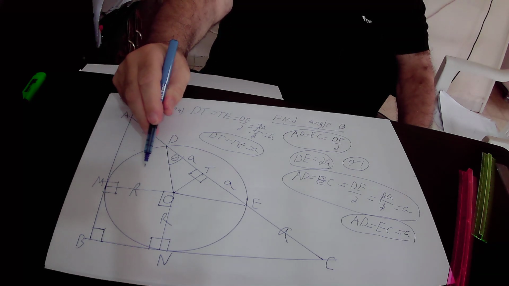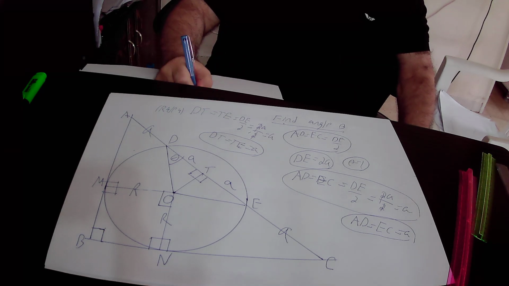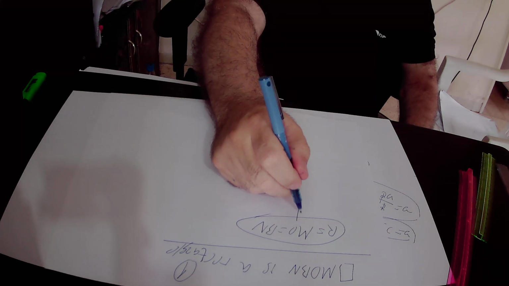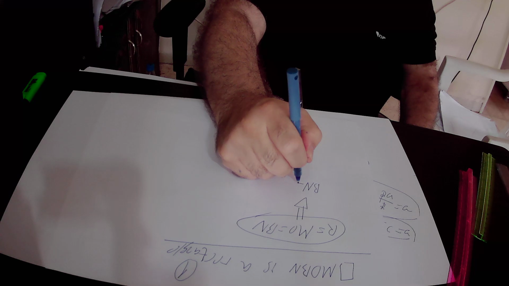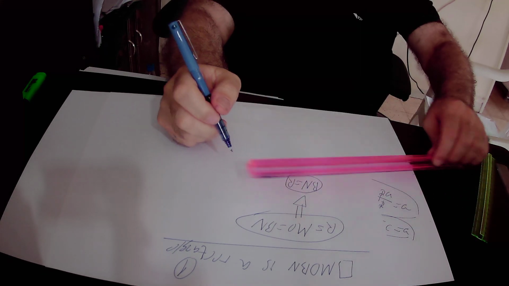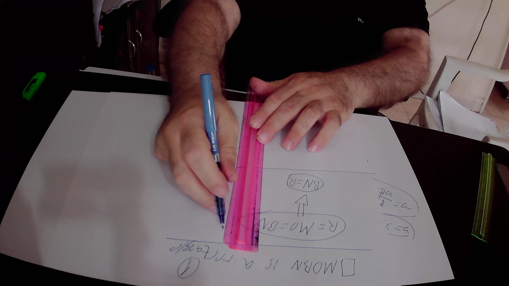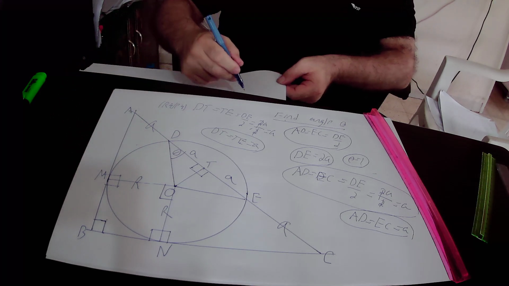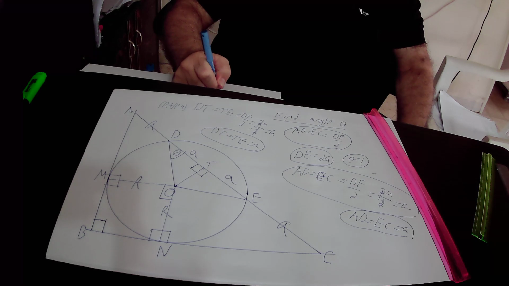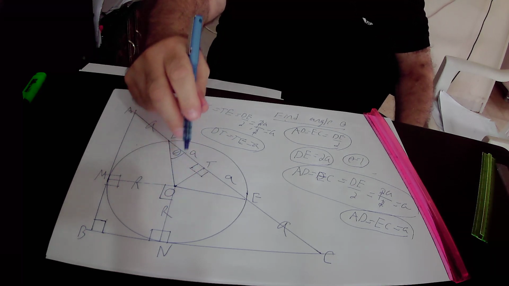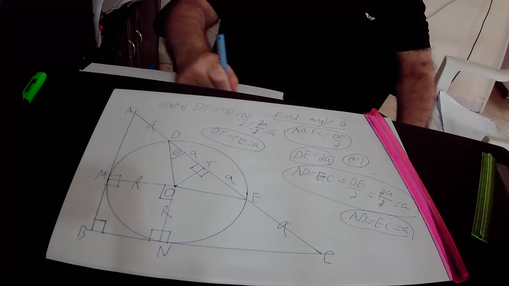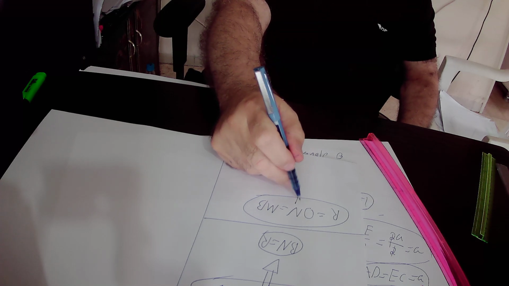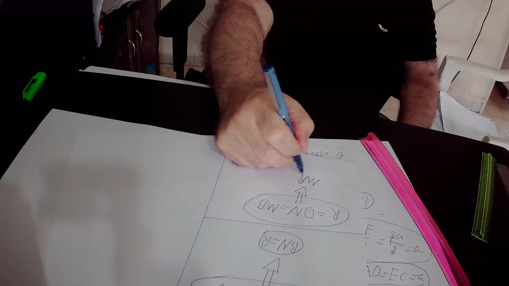But we already found out that MO equals R. So from this equation, R equals MO equals BN, we will derive that BN is also equal to R. Likewise, according to the same rule that the opposite sides of a rectangle are equal to each other, we get here that ON is equal to MB, but we have found out that ON equals R. So we can write here ON equals R. And from this equation, R equals ON equals MB, we will derive that MB is also equal to R.